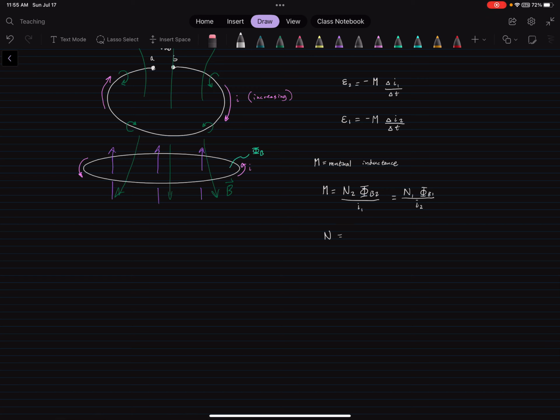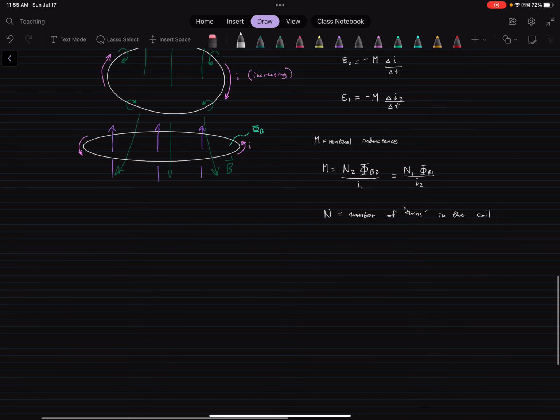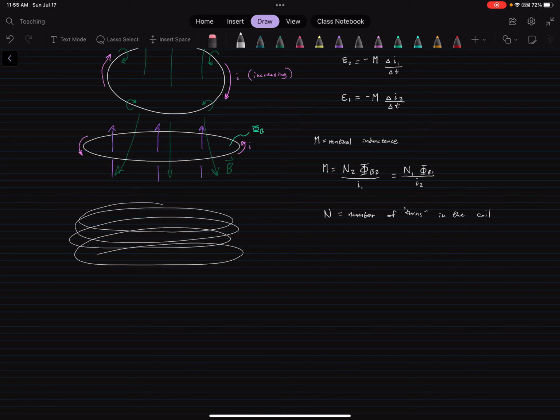N equals the number of turns in the coil. So instead of having one loop, you can have the effect amplified by having a coil with many turns.